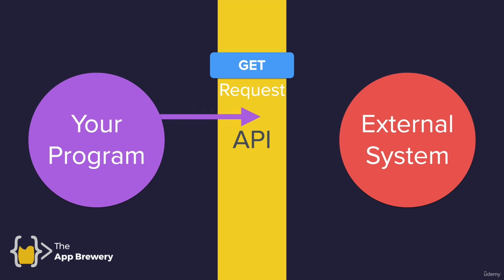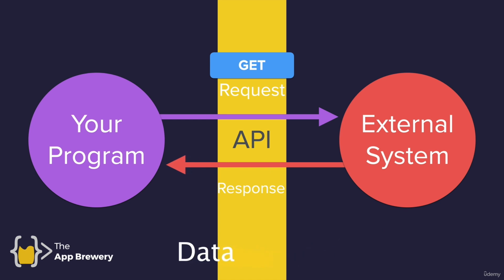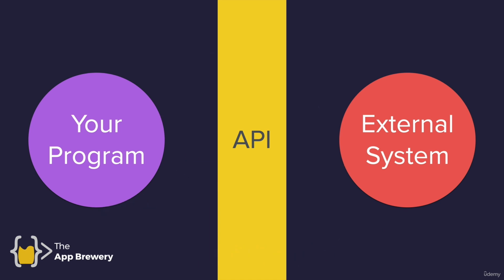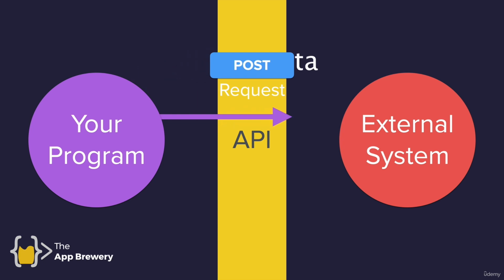Whereas a GET request is made where we ask an external system for a particular piece of data and they give that to us in the response, a POST request is where we give the external system some piece of data, and we're not so interested in the response we're getting back other than whether it was successful or not.